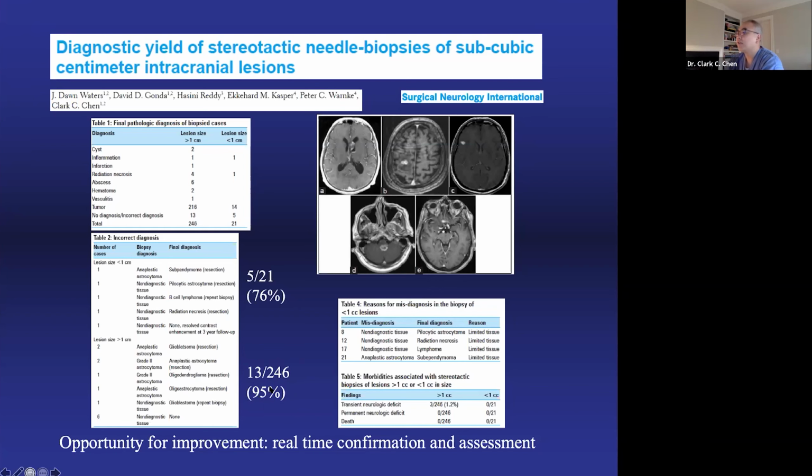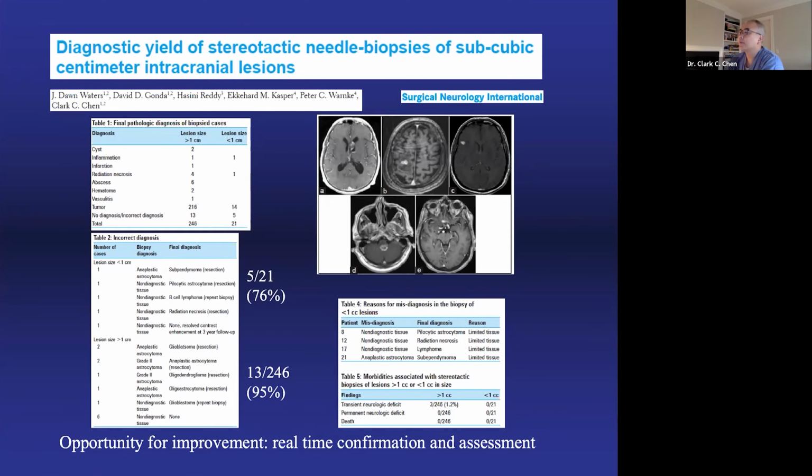We achieved a 95% yield. And in this case, we're doing only frame-based biopsies. All of the, in this case, 246 cases were frame-based biopsies, accumulated over a 3-year period. But as you look at those lesions that are less than a centimeter, the diagnostic yield dropped down to 76%.